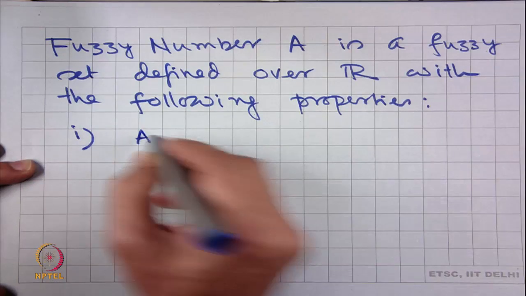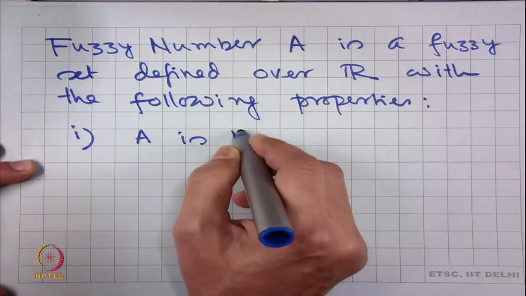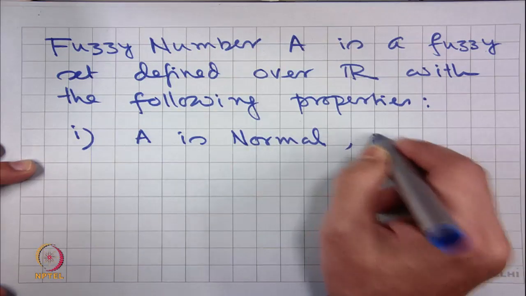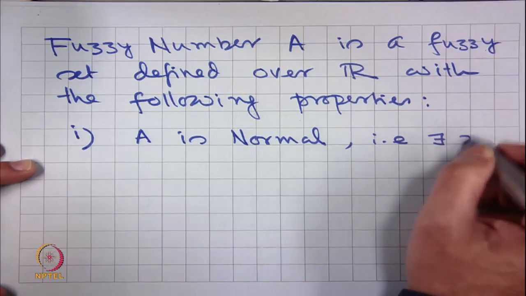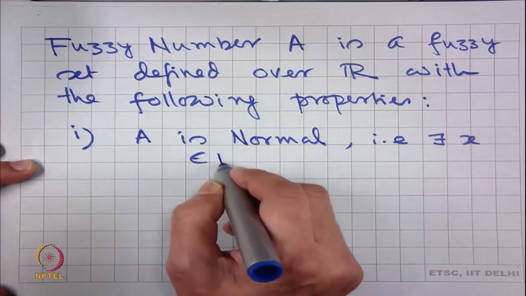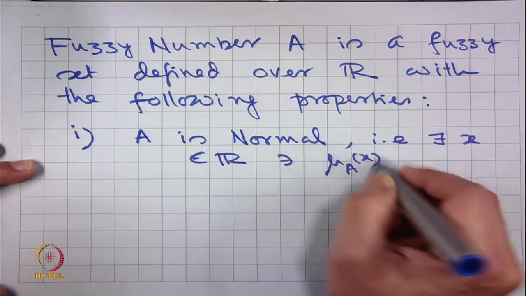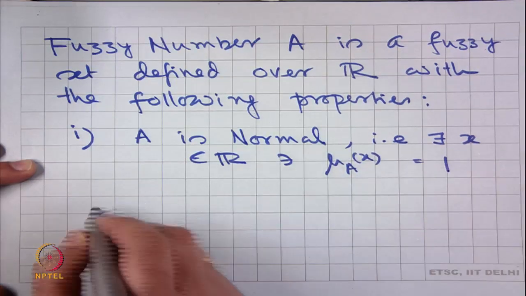A is normal, that is, there exists x belonging to R such that mu A x is equal to 1.